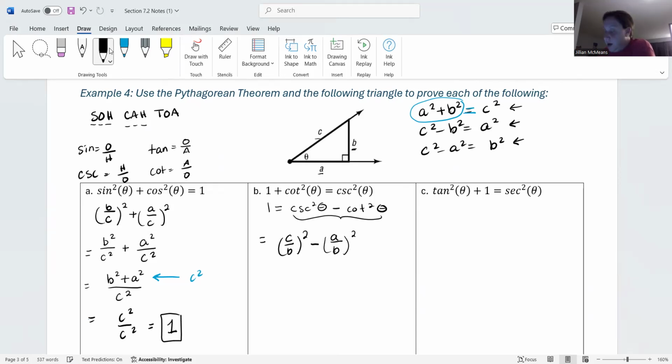So let's do a little work here. We know that if we have a fraction in parentheses squared, the exponent applies to both parts of the fraction. So we get c squared over b squared minus a squared over b squared. Well, we have common denominators, so we have c squared minus a squared over b squared. Well, let's see if there's a relationship between c squared and a squared.